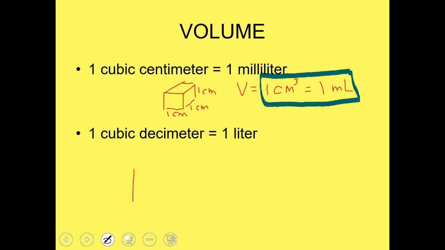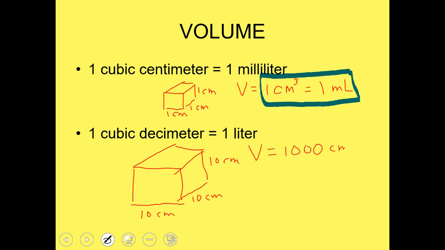A cubic decimeter, so a decimeter is 10 centimeters. If I had a cube that was 10 centimeters on each side, its volume is 10 times 10 times 10, that's 1,000 centimeters cubed, which is 1,000 milliliters, and that's a liter. So a cube that is 10 centimeters in each direction is equal to a liter.